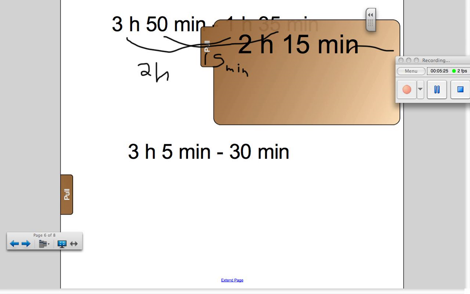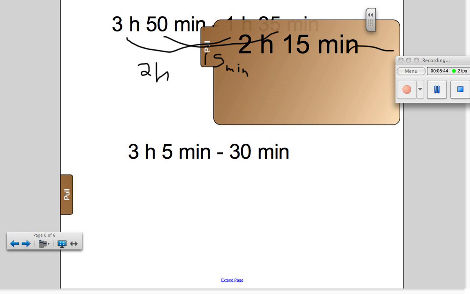Now we're going to subtract 3 hours and 5 minutes minus 30 minutes. Let's start with the minutes again, but we quickly see that 5 minutes minus 30 minutes can't be done. We don't have enough minutes with the 5 minutes to subtract 30.